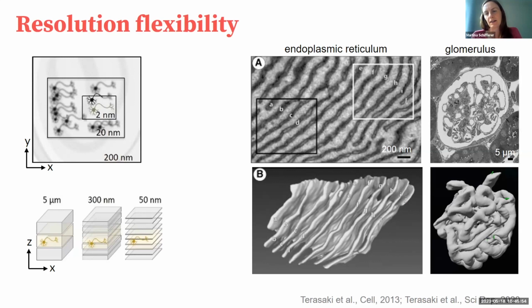And on the right-hand side, you can see two examples from Mark Terasaki's lab, where he did ATOM imaging on the endoplasmic reticulum, so very high resolution, whereas in a whole glomerulus on the right-hand side, this is rather histology-like resolution. And this you can achieve also with the different section thicknesses.